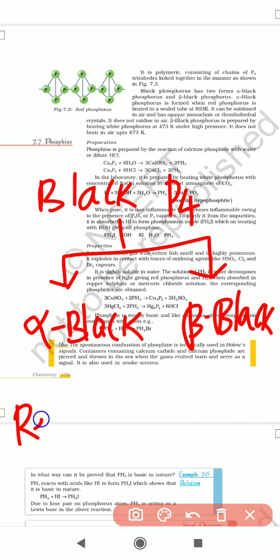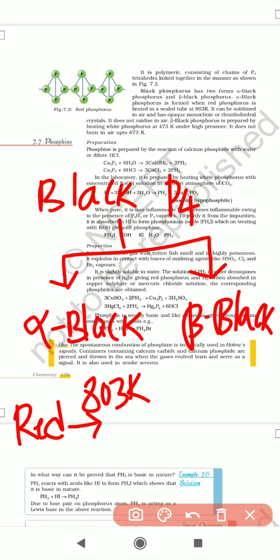Red phosphorus, you have to apply heat energy up to 803 Kelvin temperature in a sealed tube. In a sealed tube at 803 Kelvin, we will get alpha black phosphorus.